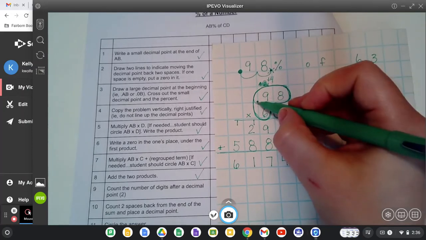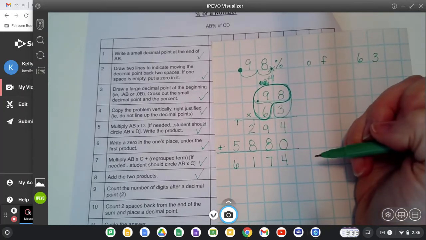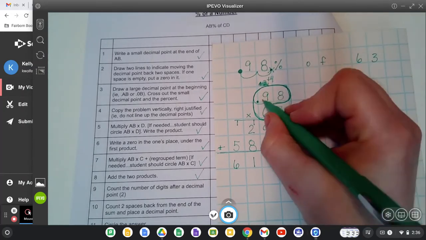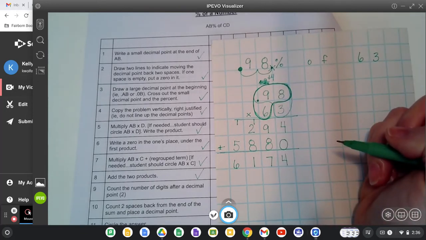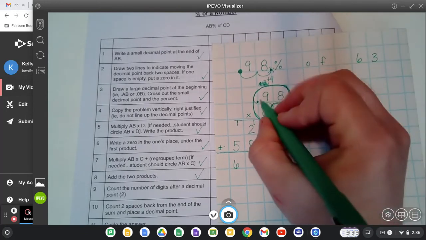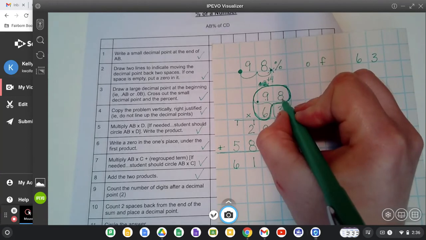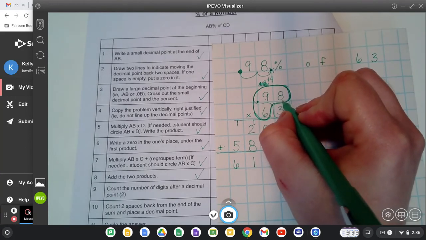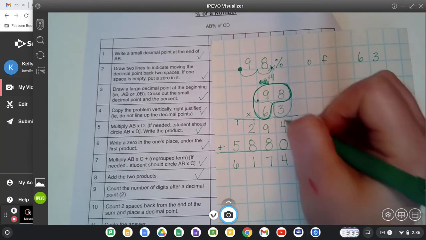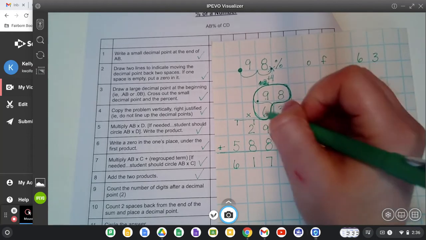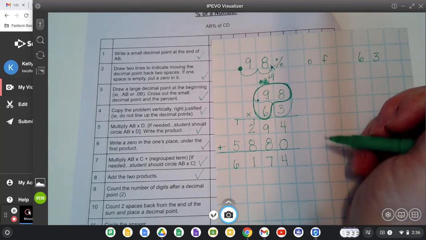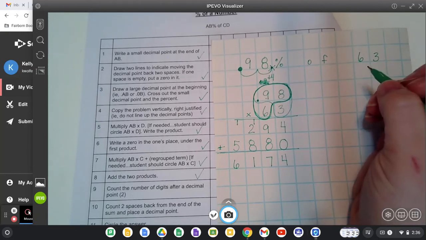Now, when I have a decimal point up here, the rules are a little different. I need to figure out how many numbers come after a decimal point. Let's see, I have 1, 2 numbers up here. So that's 2 numbers after a decimal point. I don't see anything after a decimal point down here. So I have 2 numbers that come after a decimal point.